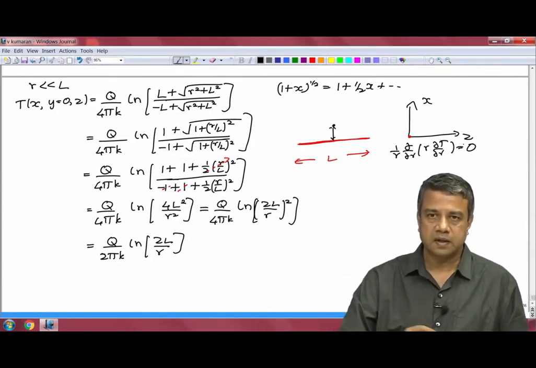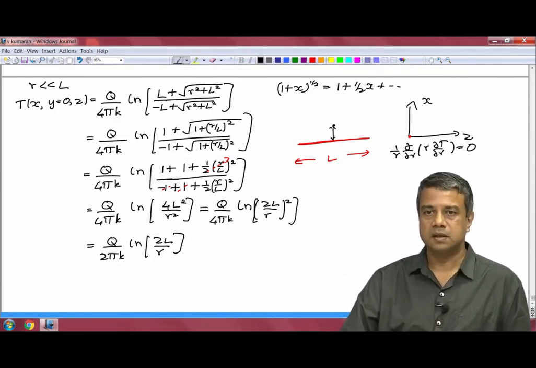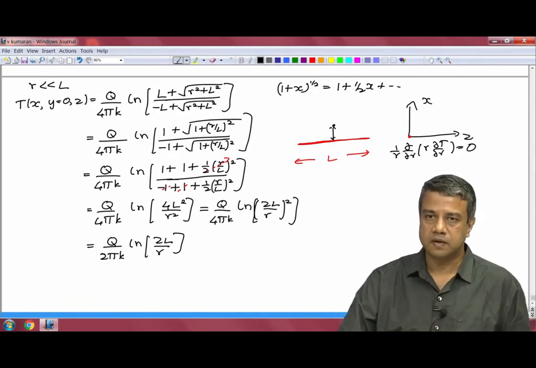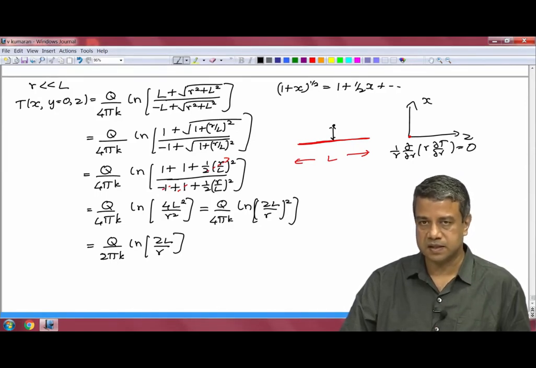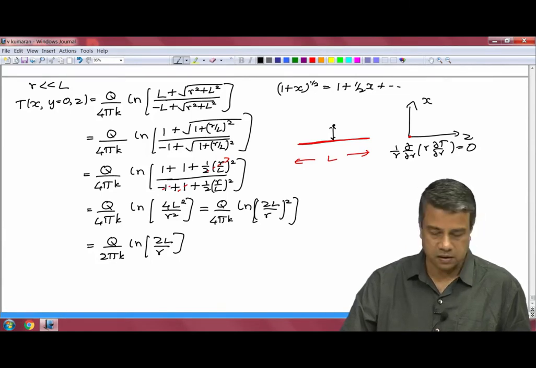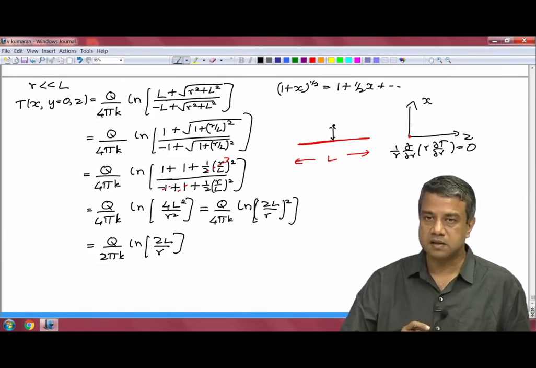That is in a 2-dimensional polar coordinate system for an axisymmetric temperature field, symmetric about the axis. So, in that case the solution is the logarithm of r.